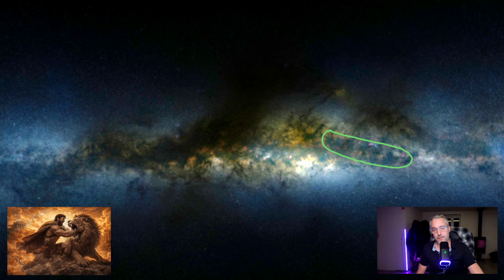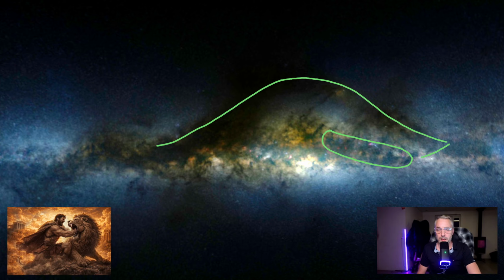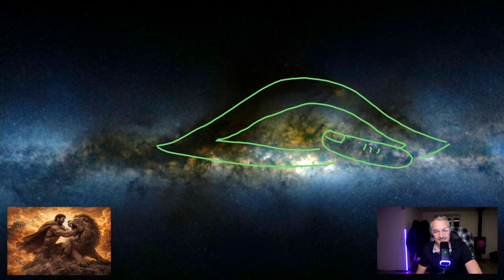To visualize, the lion is biting his finger. The Milky Way center is a giant mouth, the mouth of the lion, so to speak. And here you see the lion's mouth biting off the finger of Heracles. We can put a little nail here, and so the stripe shadow is the finger, and the great mouth is the lion's mouth.